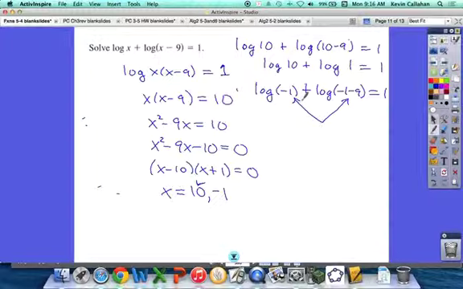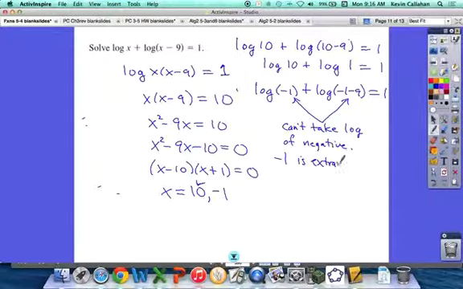You get down to the end, you throw it back in there, and you find a domain problem. So that means not a solution.